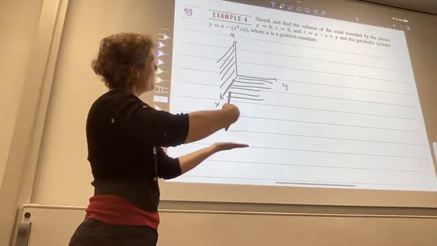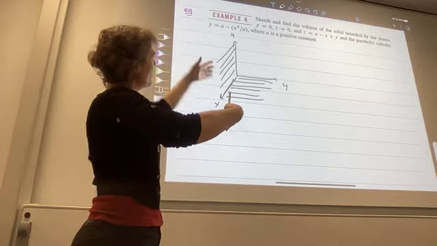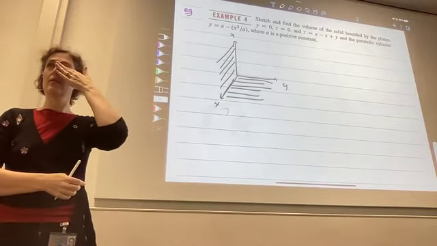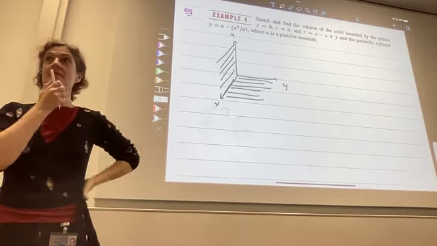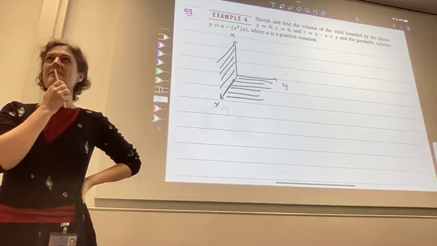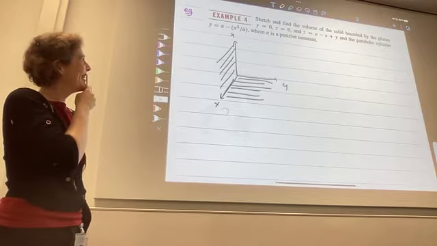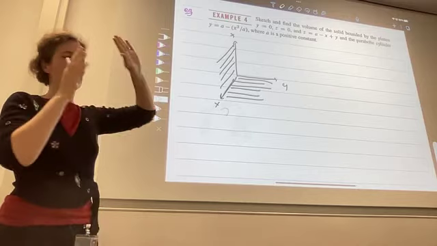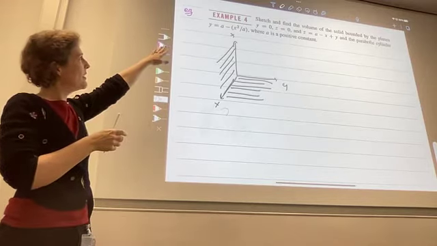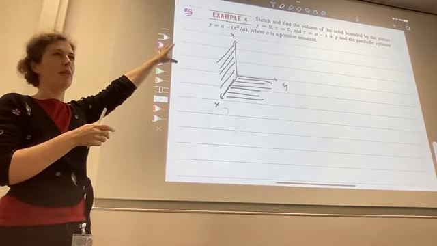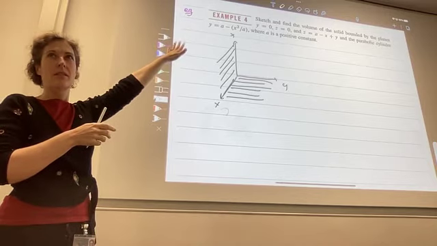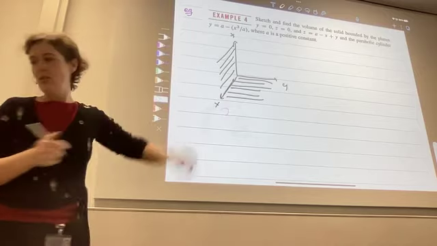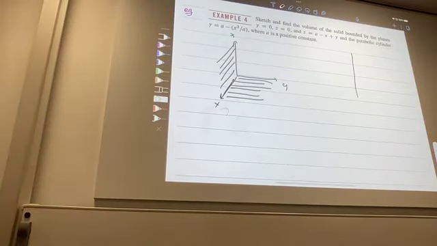And now let's look at the parabolic cylinder. Where does that live? Start by thinking about y equals a minus x squared over a as a parabola. Where does that live? In the xy plane, and what does it look like?